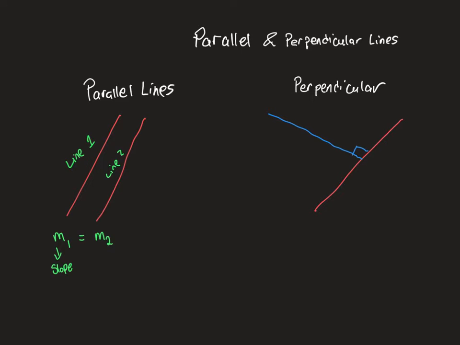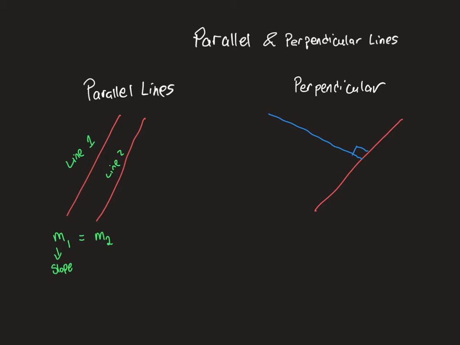And if you use your imagination, that should be a 90-degree angle. Yes, I realize that is bigger. That's what happens when you don't have a ruler. But what is so special about these two perpendicular lines? Well, other than hitting each other at a 90-degree angle, their slopes are negative reciprocals of each other.